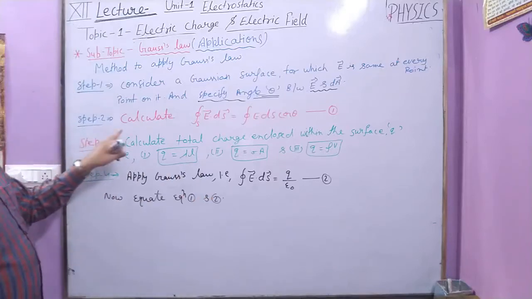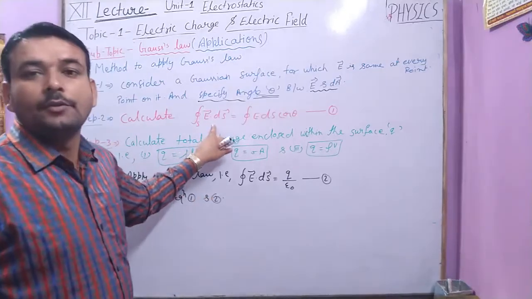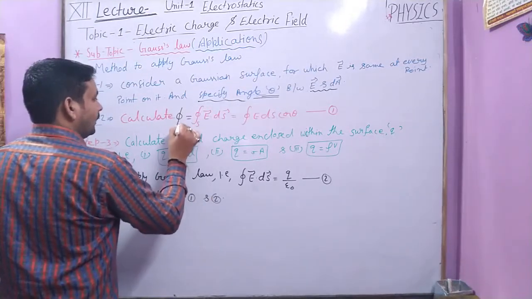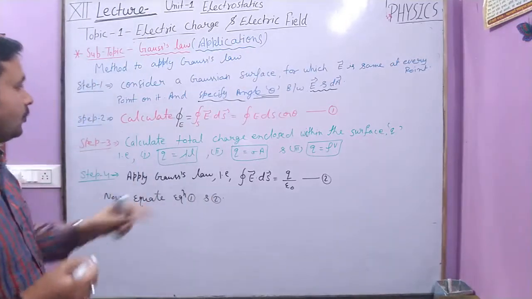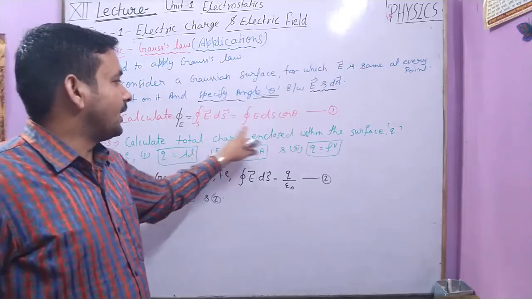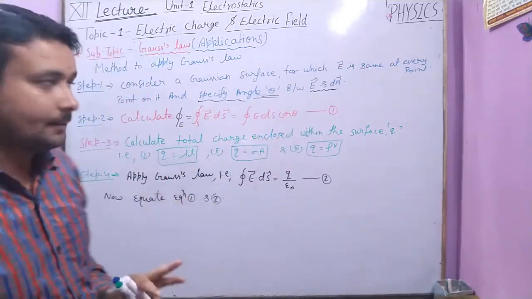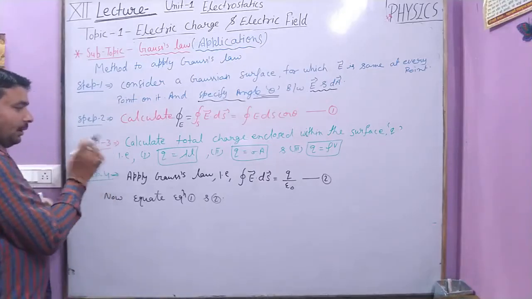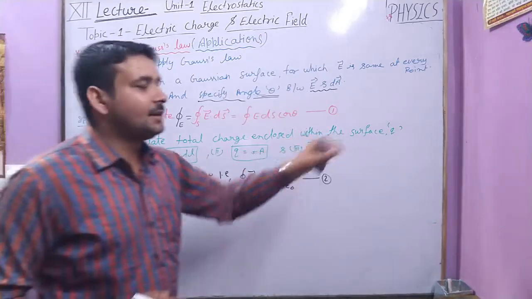Step 2, calculate the value of flux. As you know, this is equal to electric flux, so you need to calculate that electric flux for the surface. Then after, you need to calculate the total charge in the surface.